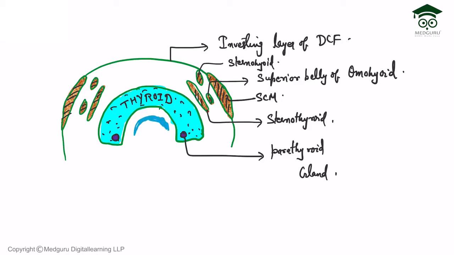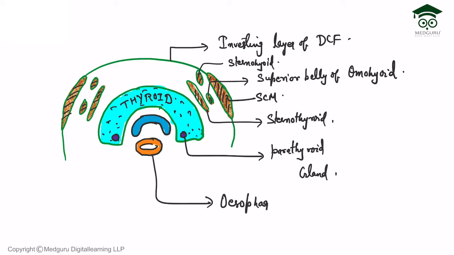Now coming to the medial relation of thyroid gland. A blue color structure is made. This blue color structure which we have made is trachea. Then the orange color structure is made, which is esophagus. So two tubes are related medially to thyroid gland. One is esophagus and the other is trachea. So these two tubular structures are lying in the medial relation of thyroid gland.